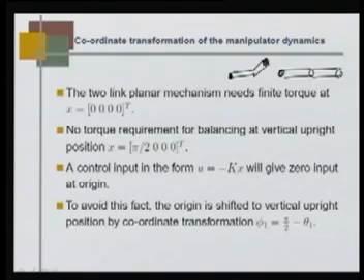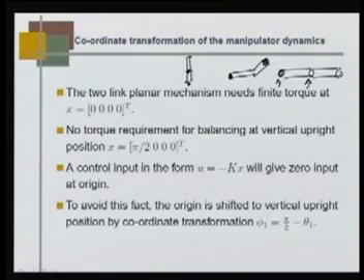So, at every joint I have to apply some finite torque so that the manipulator remains stable. But in the other case, the vertical position, the torque required is 0. So, no torque is required for balancing at the vertical upright position.